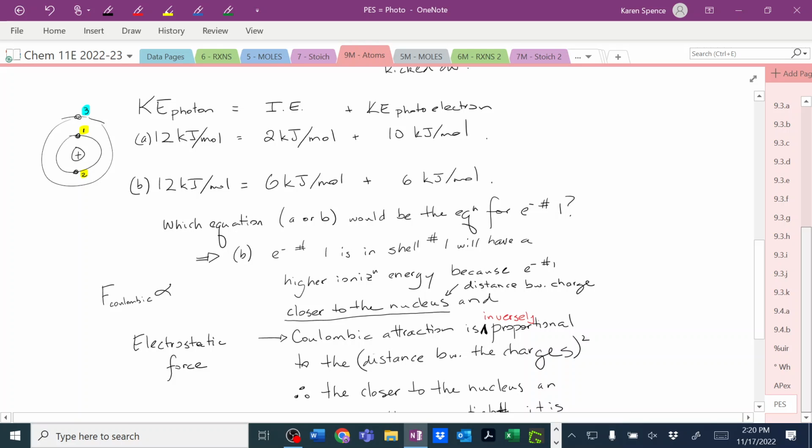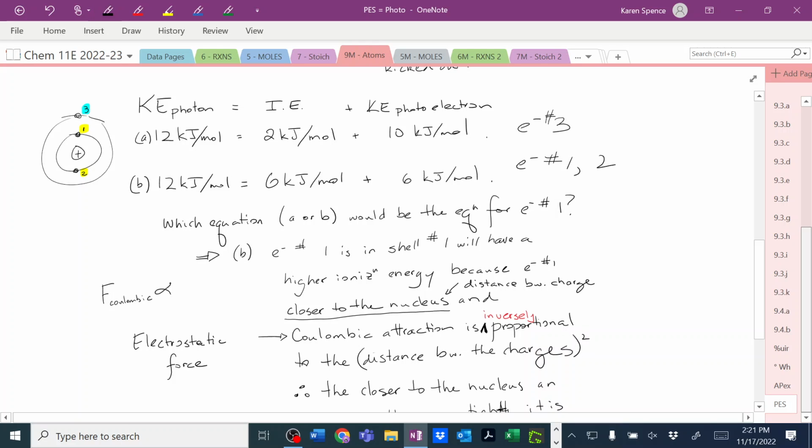So here we have our photoelectric effect. Okay, so equation A, which electron would equation A correlate to? Number 3. So this would be electron 3, and this would be electron number 1 and 2.